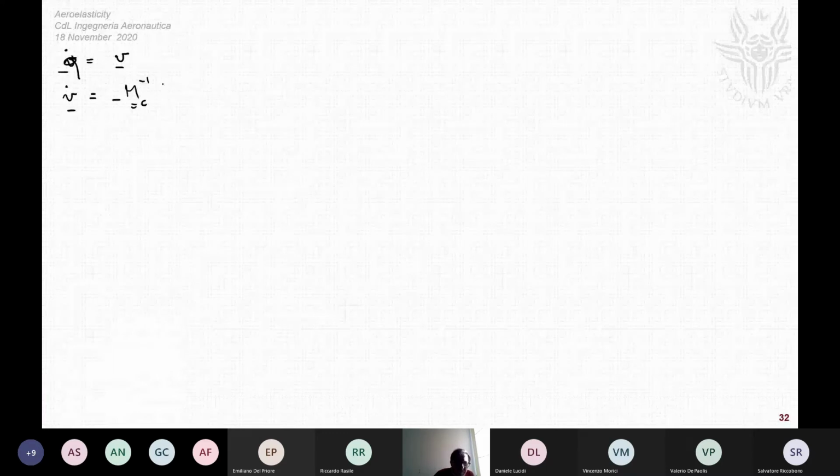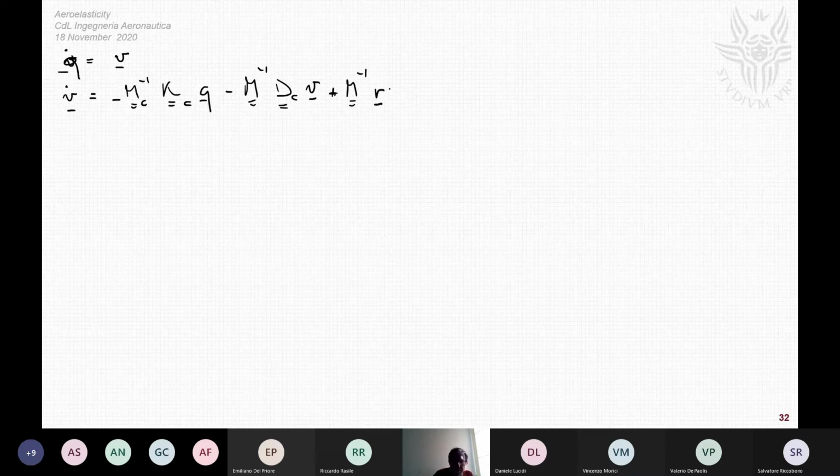We have minus M^-1 K_C Q minus M^-1 D_C multiplied by V, plus M^-1 R, and finally plus M^-1 F.